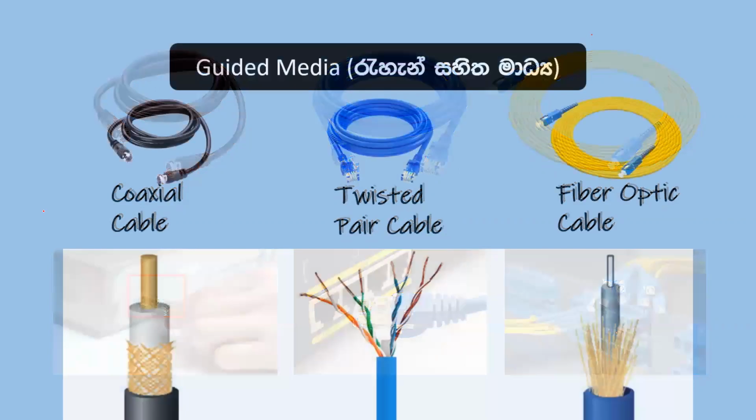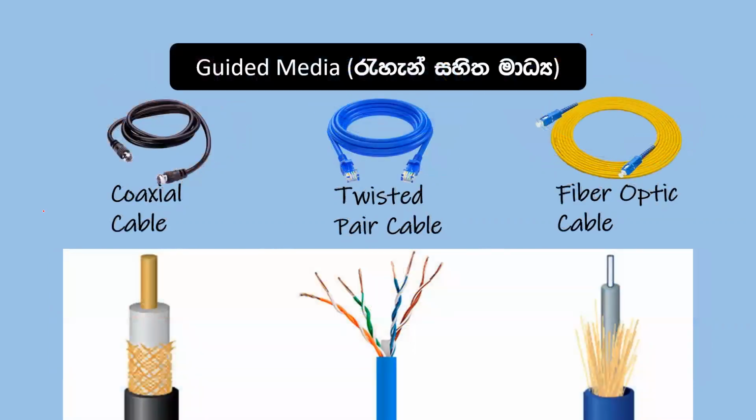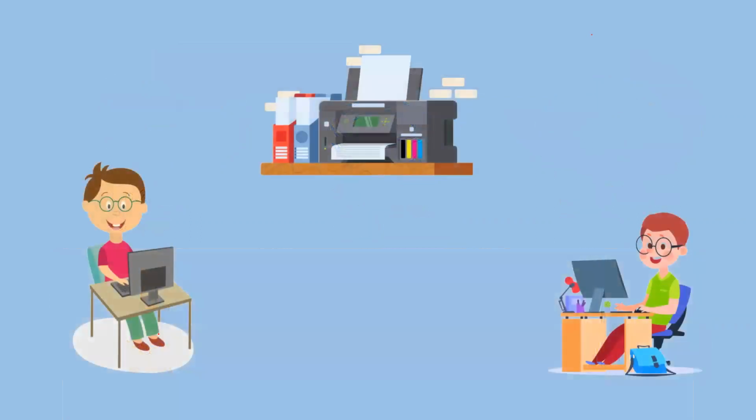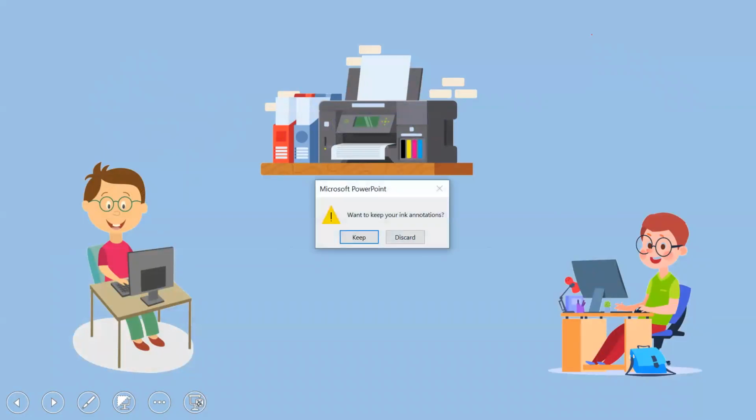And yeah, this is the inner picture of the coaxial, twisted pair and the fiber optics, right? So you can see how the things are happening over here, right? So yeah, that's all.